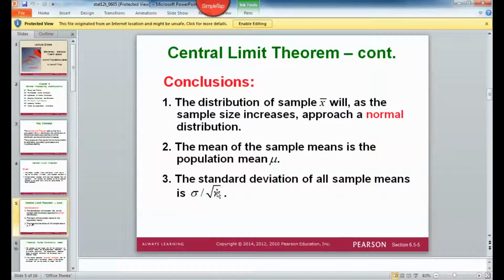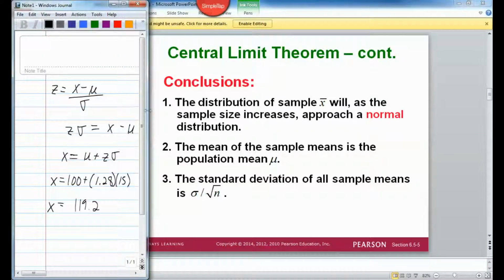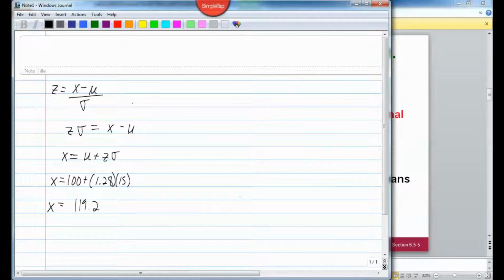Again, the big difference is if you're trying to find the probability of a number greater than 1 of something happening, in your z-score, instead of just x minus mu over sigma, the way you find your z-score is going to be x minus mu over sigma over the square root of n. So you have to figure that out. You have to subtract the numerator and then divide by whatever that is. Okay?